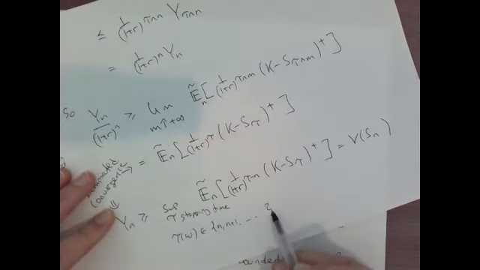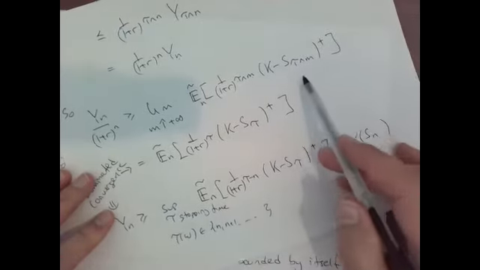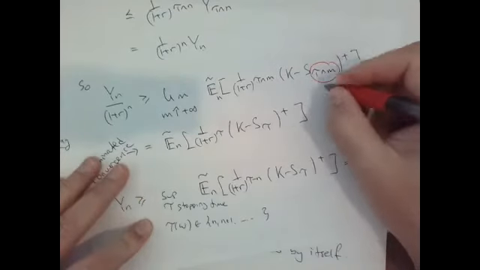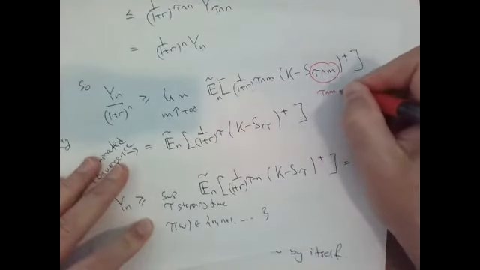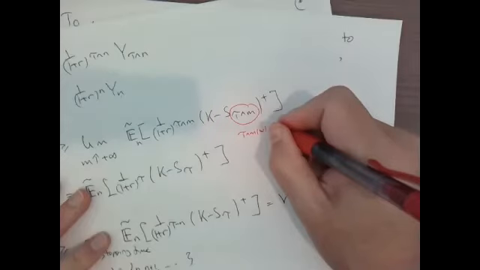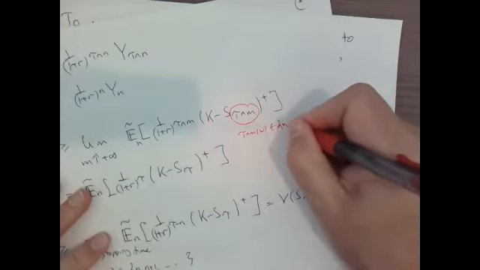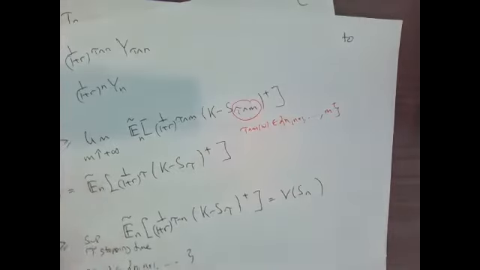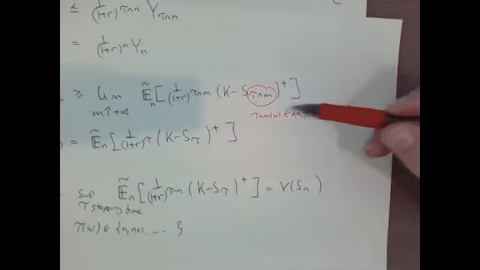But tau min m evaluated at omega takes values in n, n plus 1, up to m. So it gives me this upper bound on the stopping times.